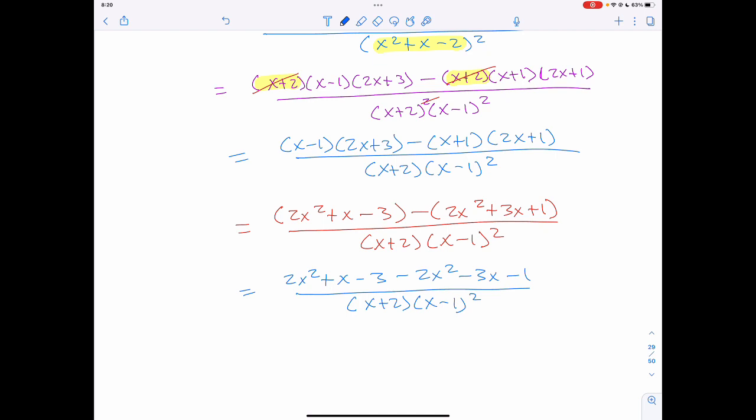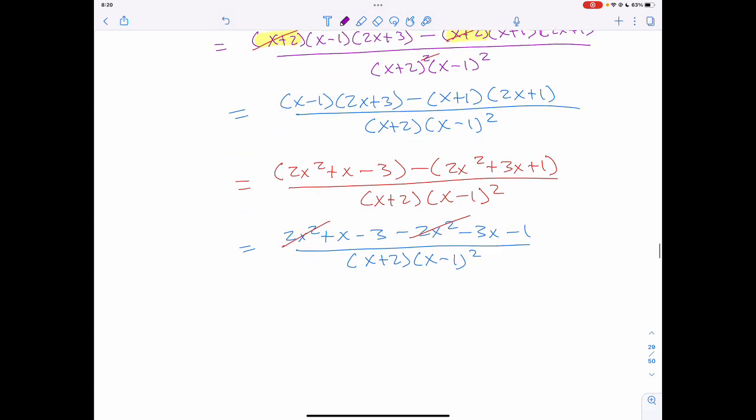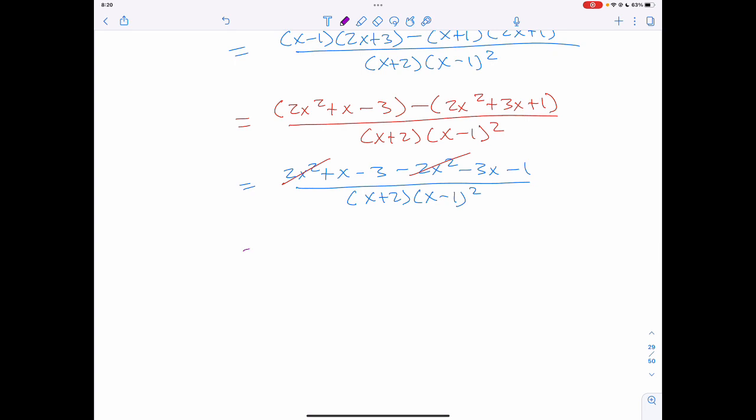then the 2x squared and the negative 2x squared are going to cancel each other out. And I'm going to wind up with negative 2x minus 4 over x plus 2 and x minus 1 squared. And lo and behold, I can factor again.